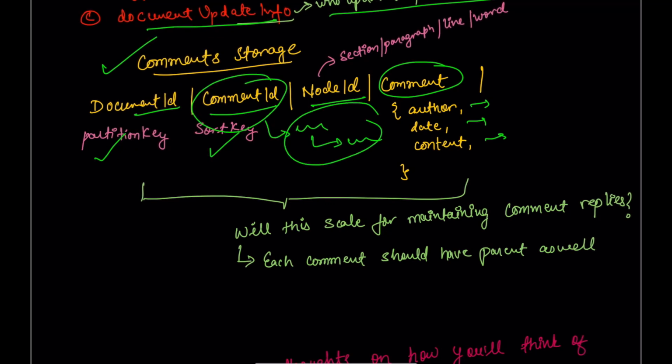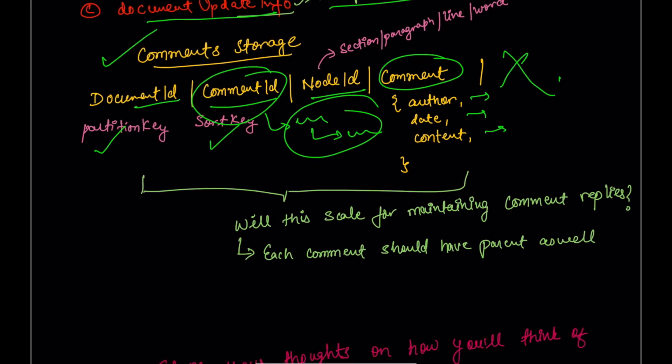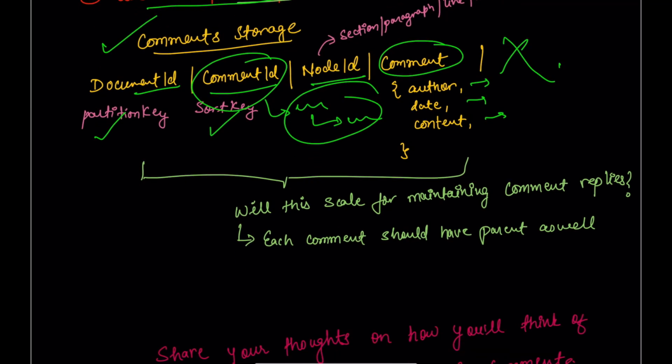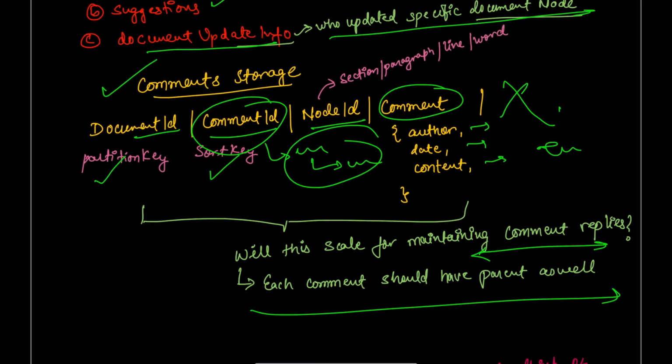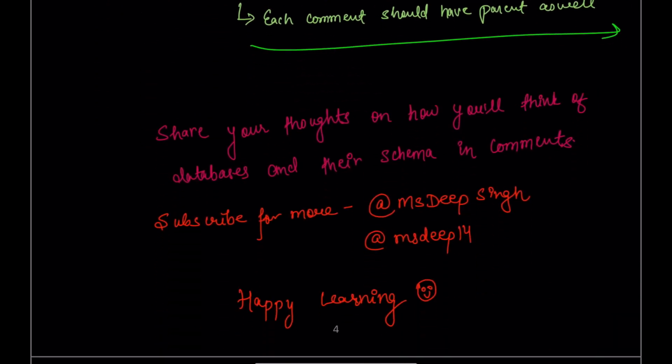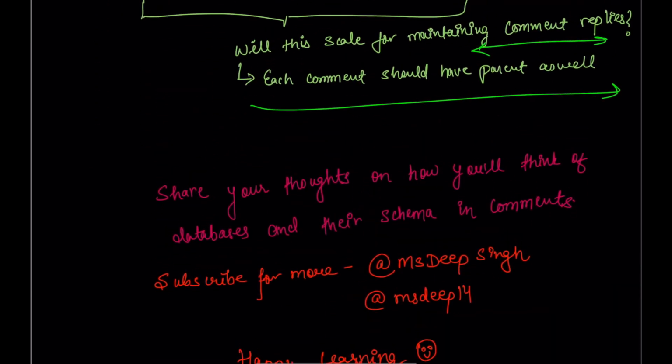So these kinds of scenarios will not be served by this, right? So you will have to somehow optimize this, where you have to maintain who is the parent of this particular comment, and who is the parent of that, to figure out the complete hierarchy, that this is comment one, this is the parent, then this is the comment. So you need some kind of hierarchy maintenance there.